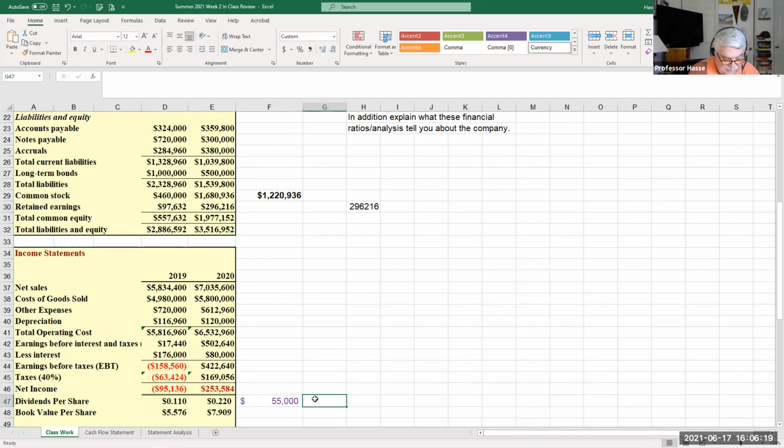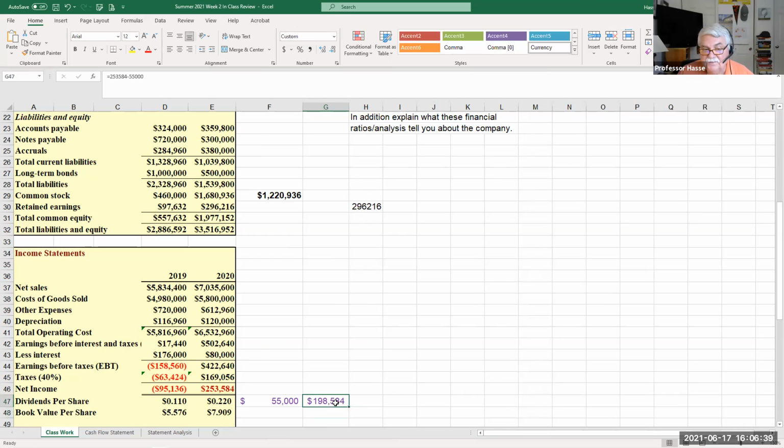What's the difference between net income, 253,584, and dividends? $198,584.